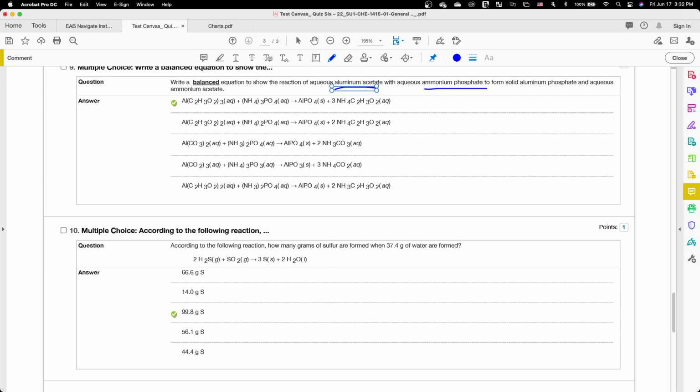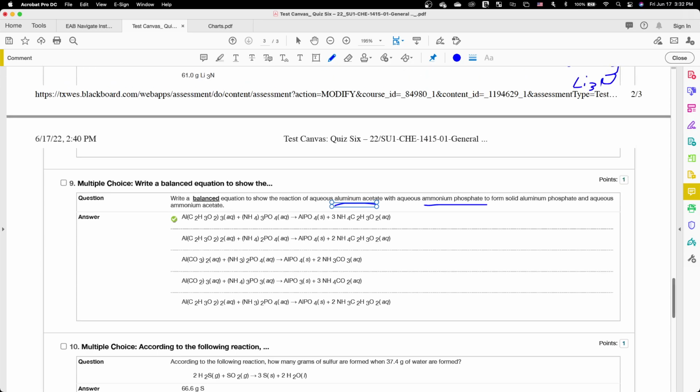All you got to keep in mind here is the charges for each of the ions. So remember the acetate has a -1 charge. Aluminum has a +3 charge. Okay. And then ammonium right here has a +1 charge, and phosphate here has a -3 charge, right?